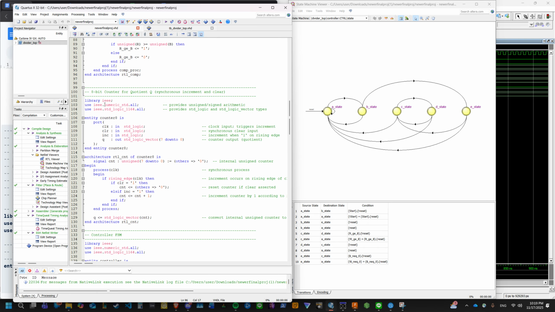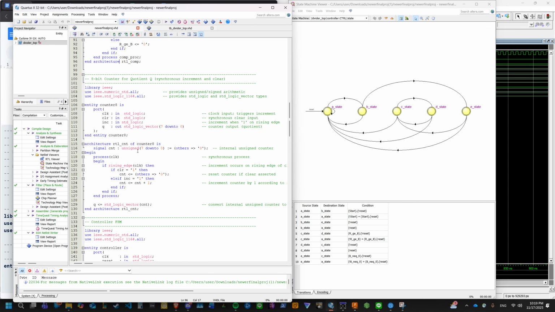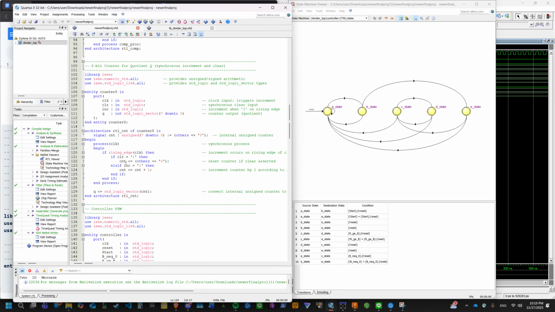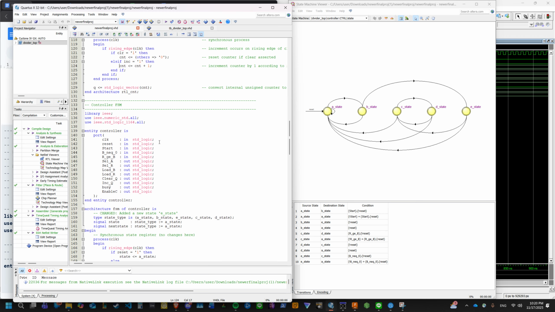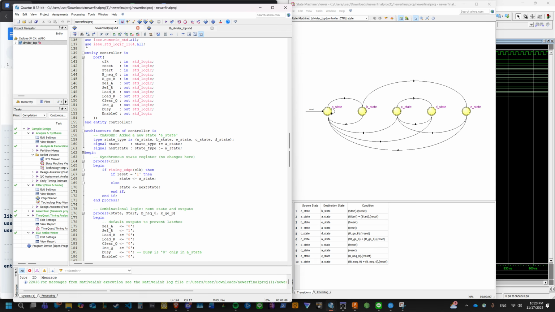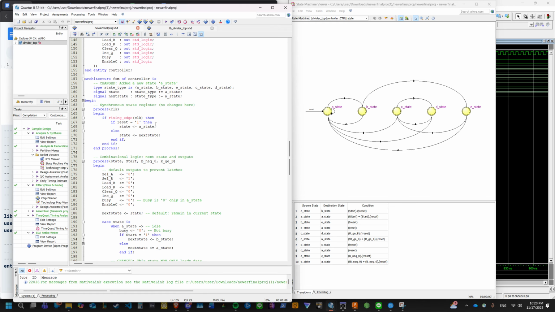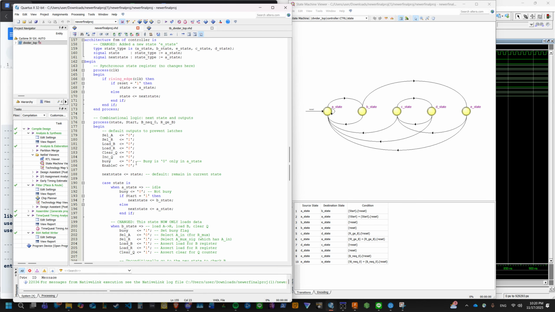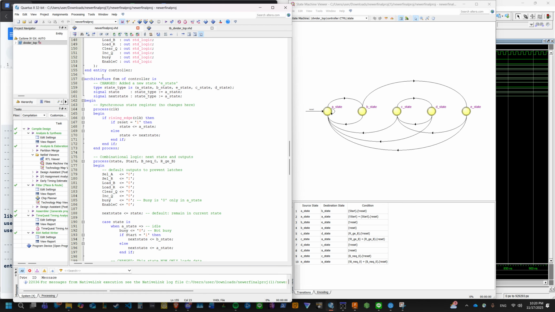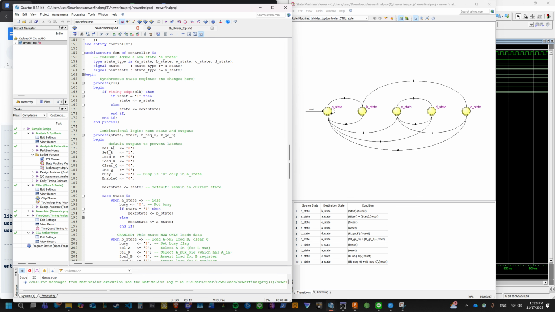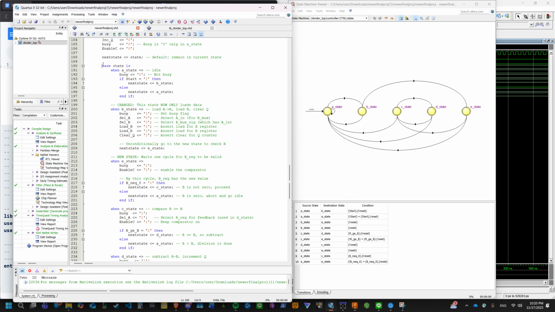And this is the counter, which is just an increment here. So this is now the important part, which is the controller of the state. We start by initializing the clocks and the initial state, and now we define each state.